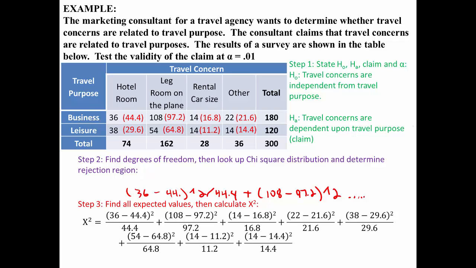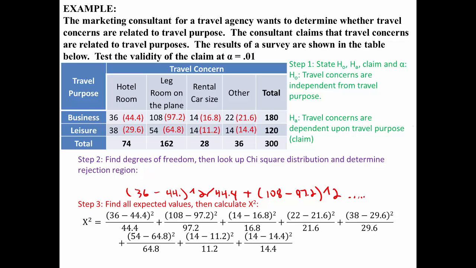So the travel concerns are independent, which means there's no relationship between concerns and your purpose for traveling. The alternative hypothesis is that there is a relationship: business people have some different concerns than people traveling for leisure.